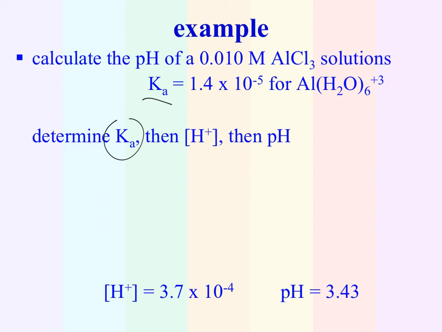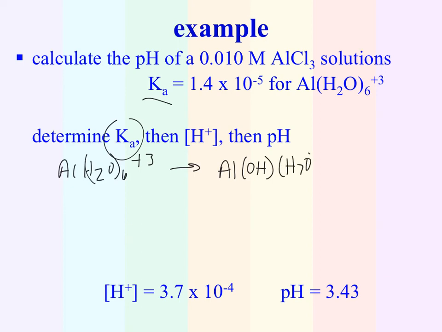Basically we know that we're going to have Al(H2O)6 3+, and of course that's going to ionize into Al(OH)(H2O)5 2+ plus H plus.